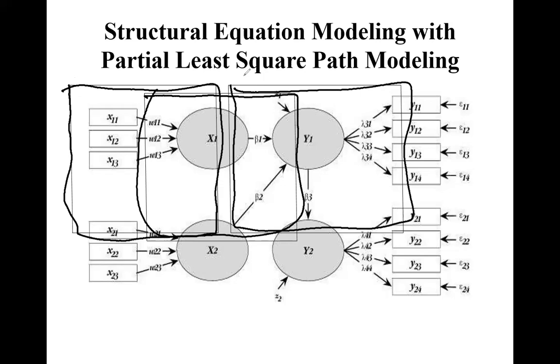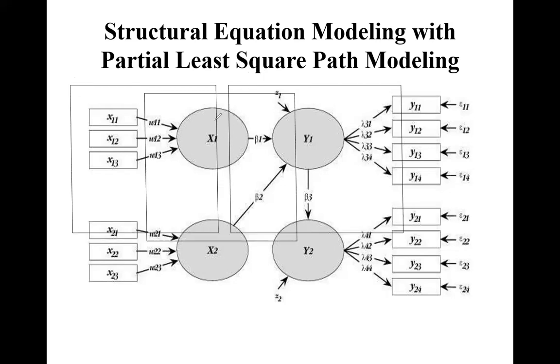There are 4 constructs: x1, y1, x2, y2. 4 constructs or 4 factors. Which one is formative? Can you tell me? There are 4 constructs x1, y1, x2, y2, and which one is reflective? Tell me which one is reflective and which one is formative.